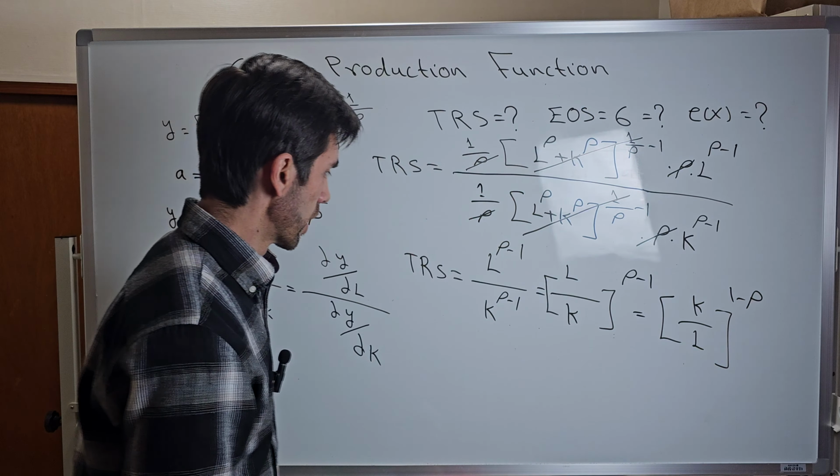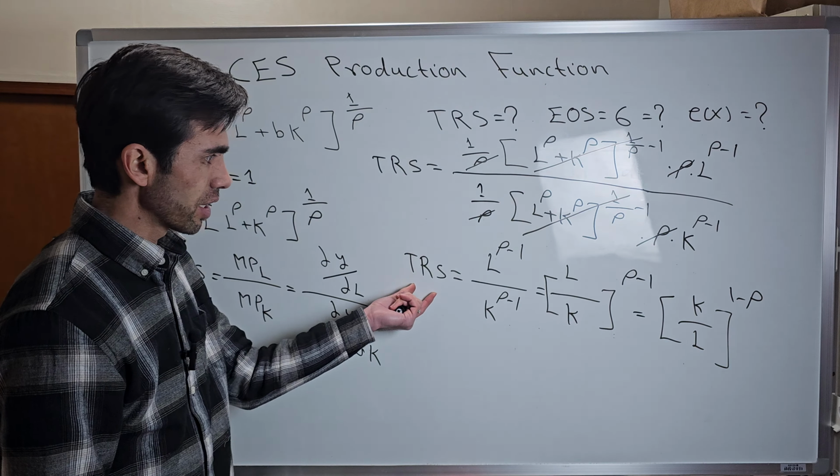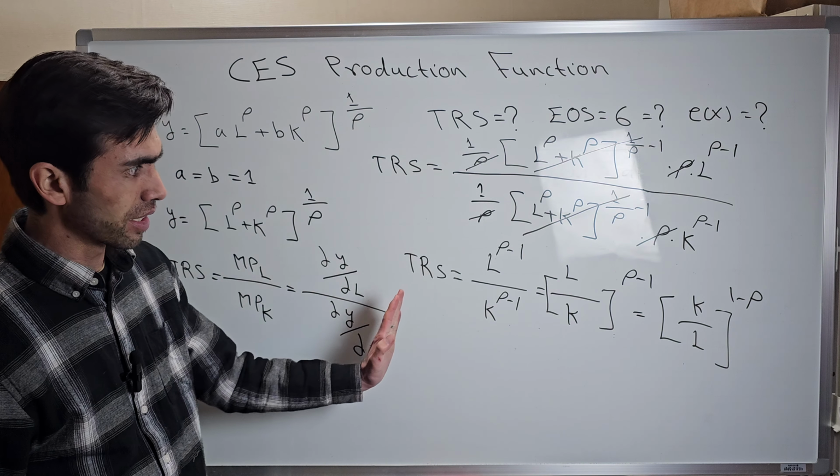So the technical rate of substitution for this CES production function is equal to either this term or this term, whichever you are comfortable with. So this is the technical rate of substitution.